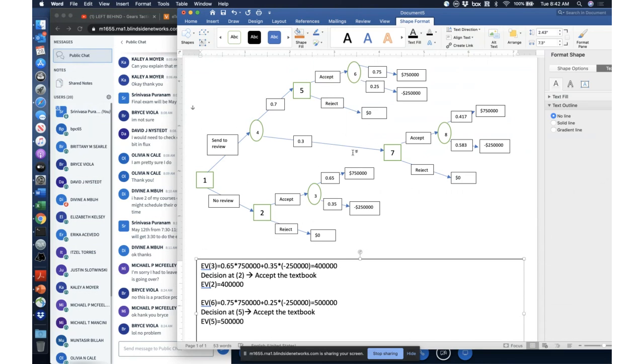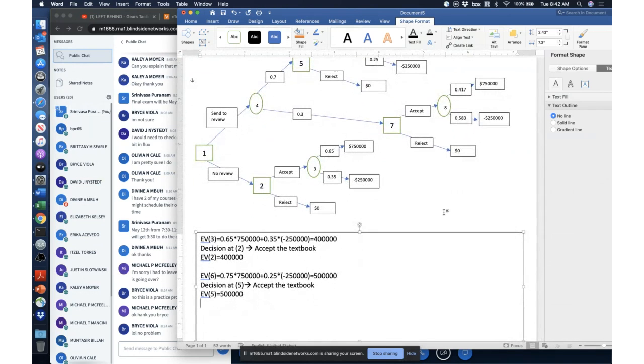Similarly, let's calculate the expected value at node 8. So it's 0.417 times 750,000 plus 0.538583 times minus 250,000.